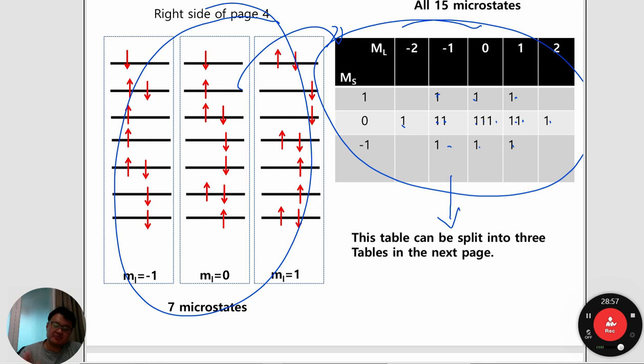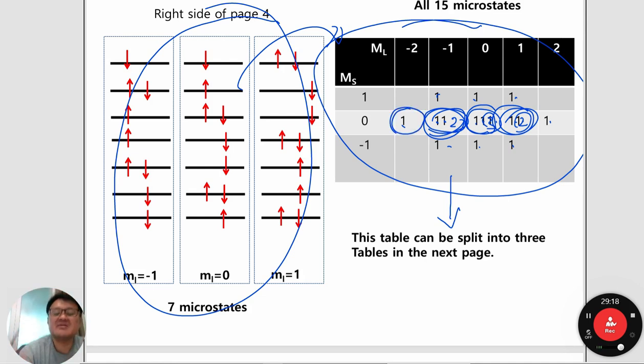You have 2 different microstates corresponding to this block, 3 different microstates corresponding to this block, 2 different microstates corresponding to this block. You have to make tables such that in every table you have only one single microstate corresponding to each block of the table.